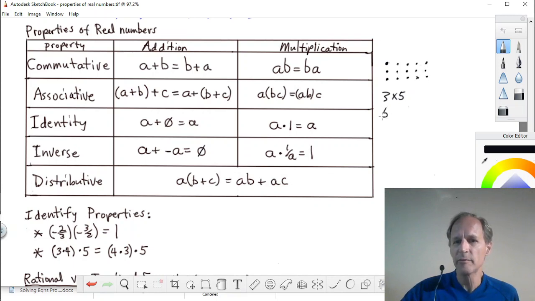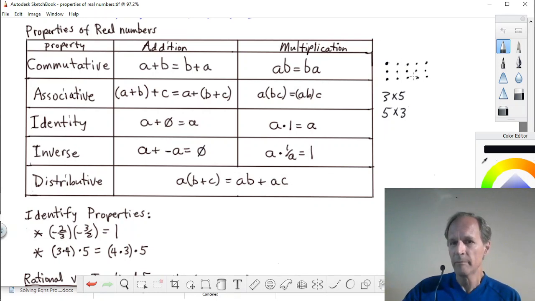There's 5 of those 3s. 5 times 3. Regardless of whether you think of it as a certain number of rows or a certain number of columns, it's the same grid, it's the same dots, so you don't change the number.